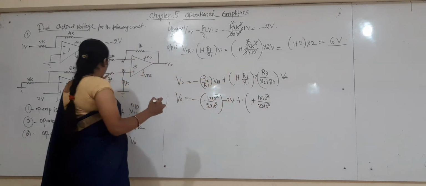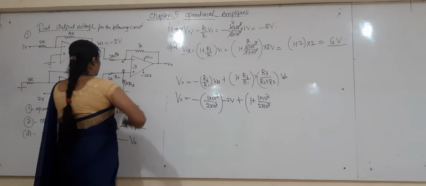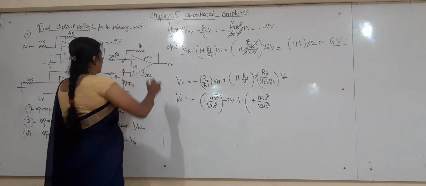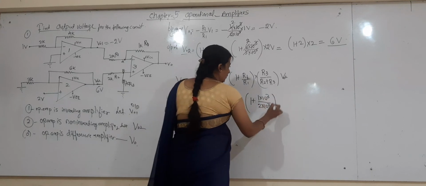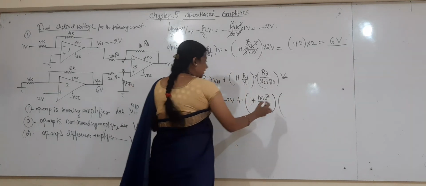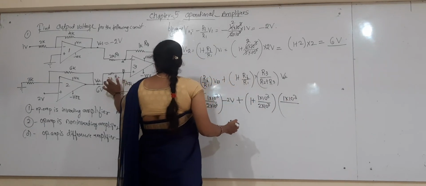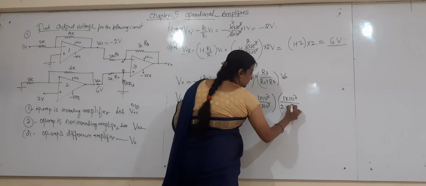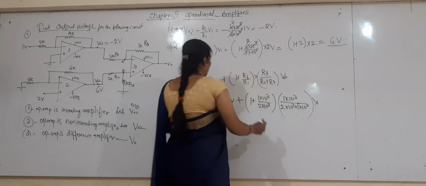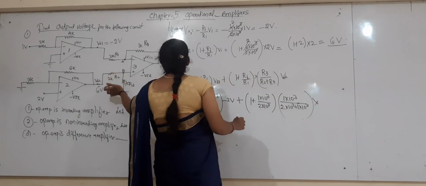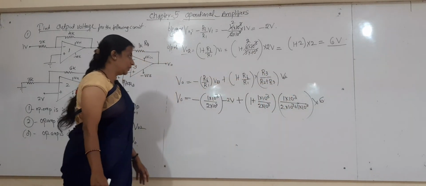So this is R1, R2, R3, RF. Next 1 kilo by 2 kilo into R3, which is also 1 kilo, divided by R2 plus R3, 2 kilo plus 1 kilo, into the input voltage V02, which is 6 volt.